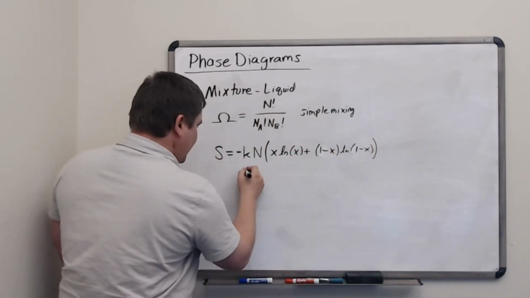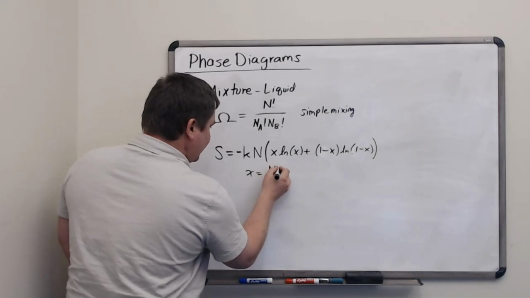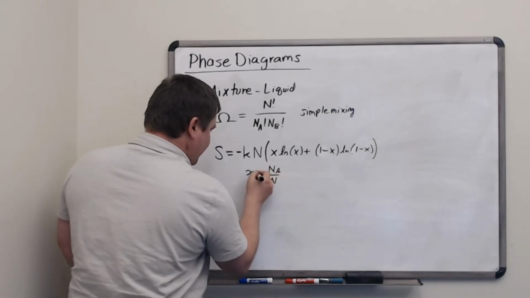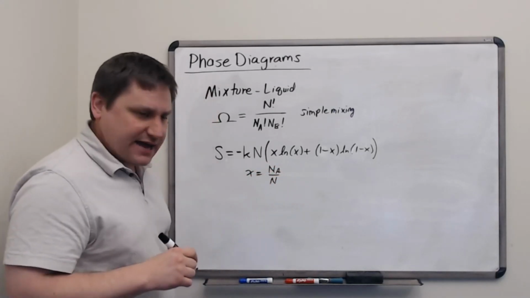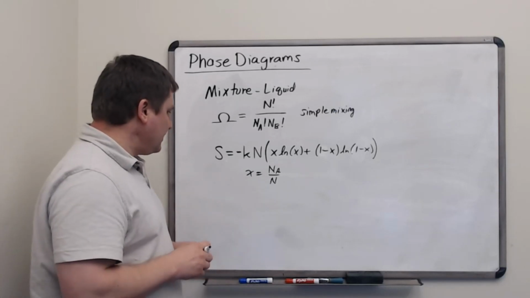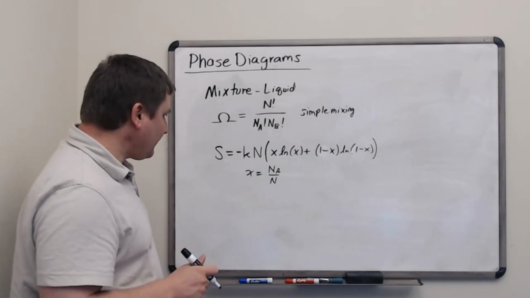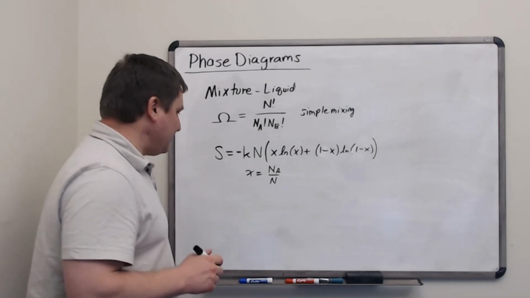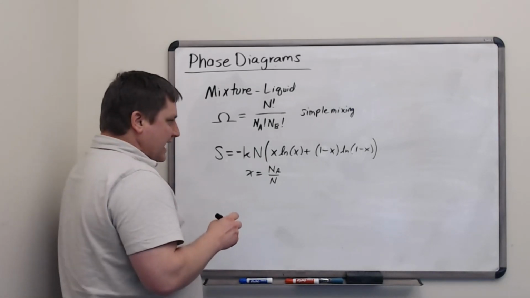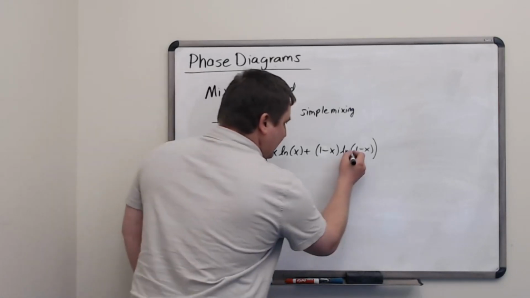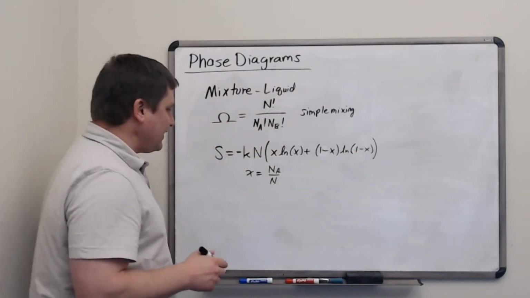And this was where x equals the fraction of molecules that are of type A. So fraction of A to the total is what x equals. So this was the entropy of that model. And we're going to look at the possibility of a phase transition here.